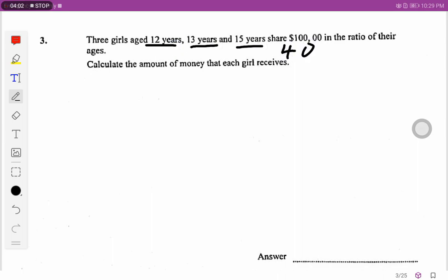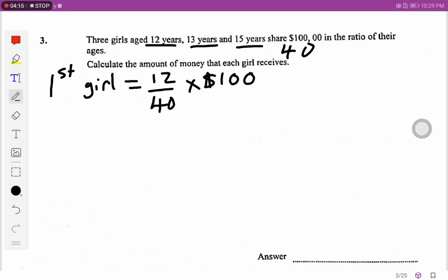So the first girl is going to be 12 over 40 times $100. So I get $30.